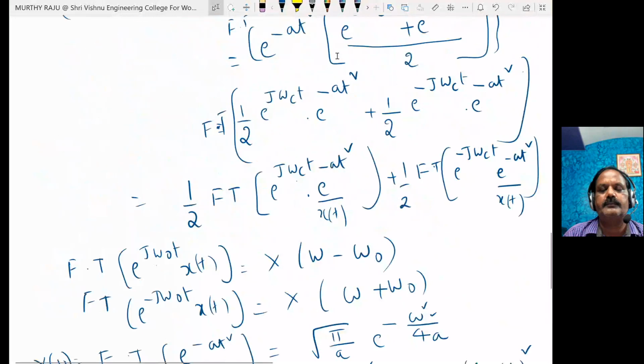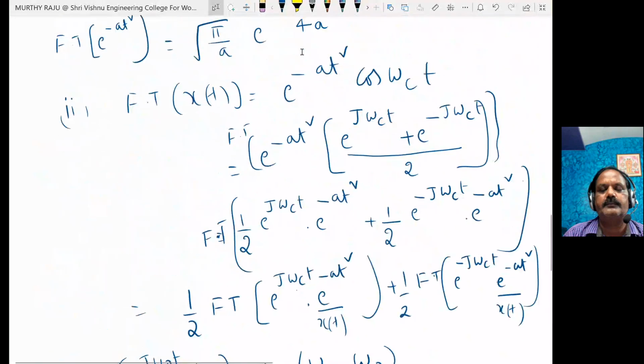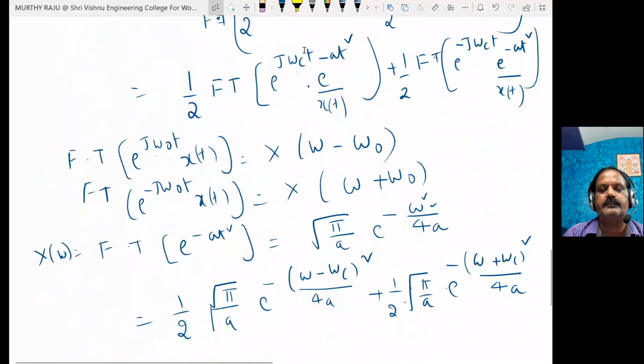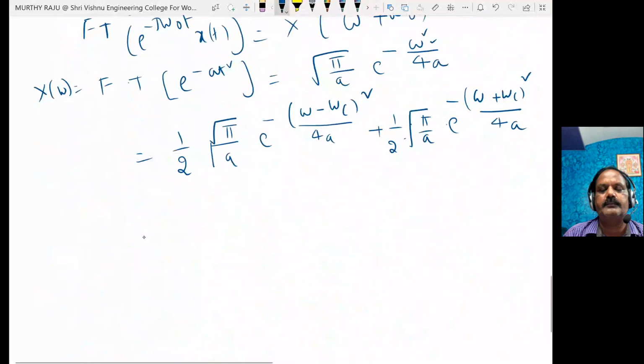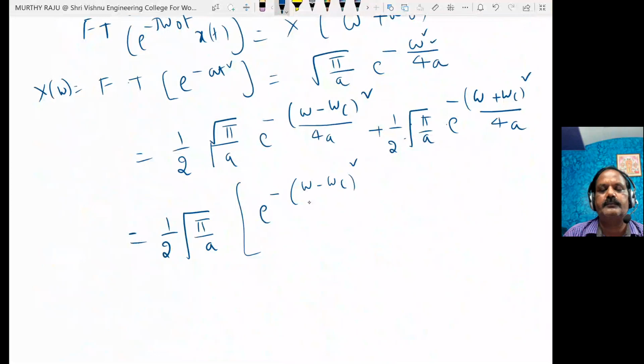Finally, the answer for the second question is 1 by 2 root pi by a, the common term, times e power minus omega minus omega c whole square by 4a plus e power minus omega plus omega c whole square by 4a.